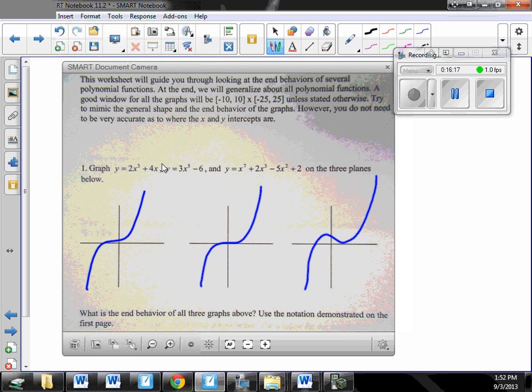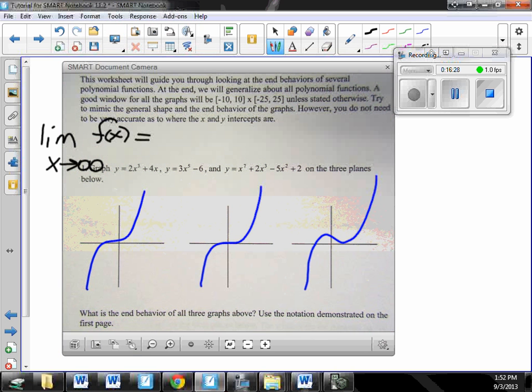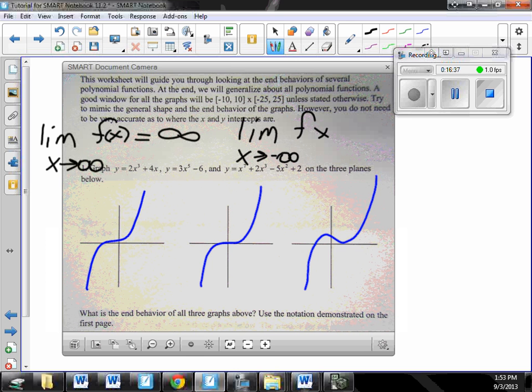Good, they all have the same end behavior. So the limit as x approaches infinity of the function is always infinity for all three graphs. And the limit as x approaches negative infinity of the function is always negative infinity.